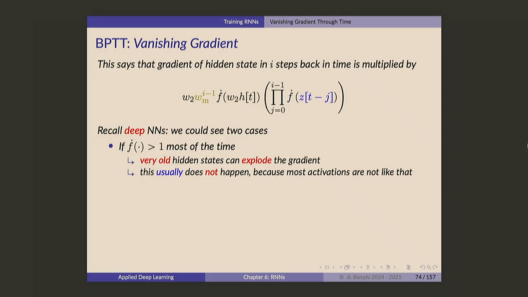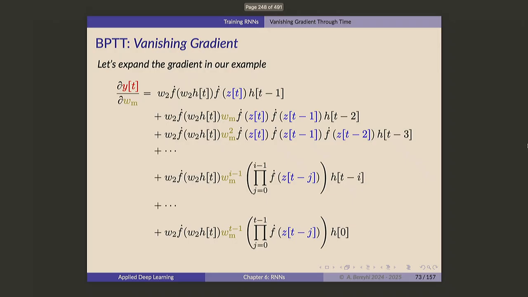And again, this multiplicative term, when you go very deep in time, can show vanishing or exploding behavior, right? But one question here is that if you look at this expression and say the vanishing gradient behavior happens, do you expect your gradient to be 0?